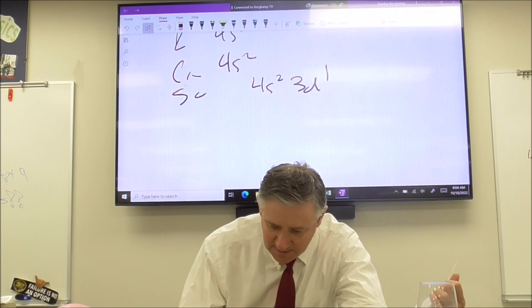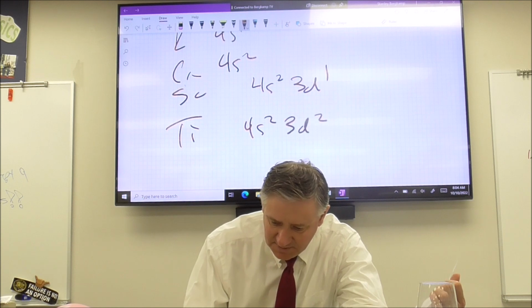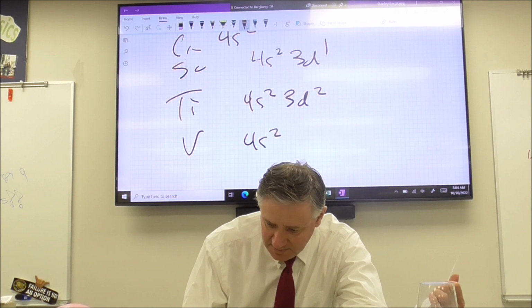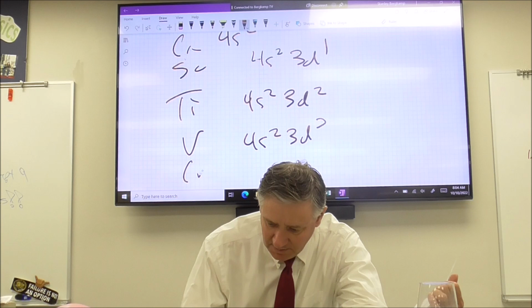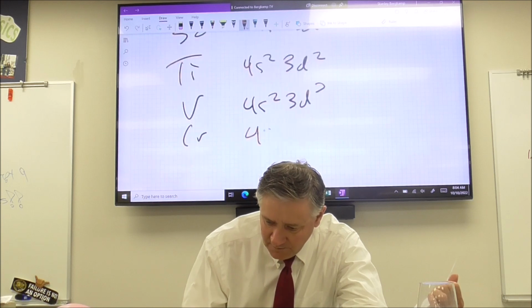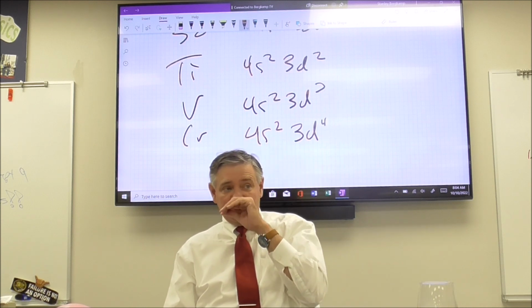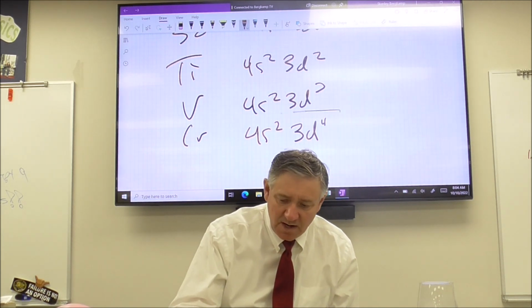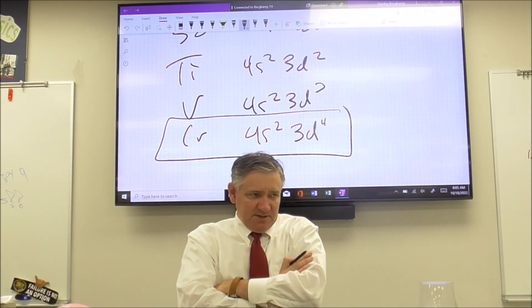And then you've got titanium, 4s2, 3d2, and then you've got vanadium, 4s2, 3d3, and then you've got chromium, 4s2. Okay. Now, somebody on your slider who's got pretty fine motor controls, slide across and tell me what the computer says the arrangement for chromium is.